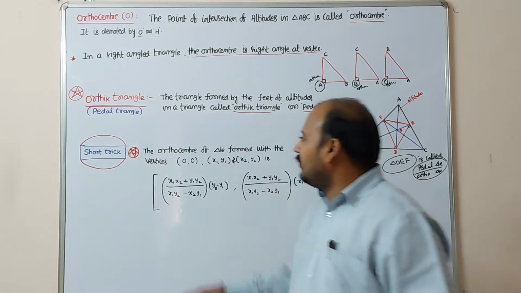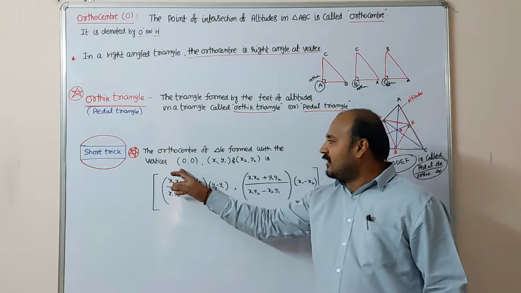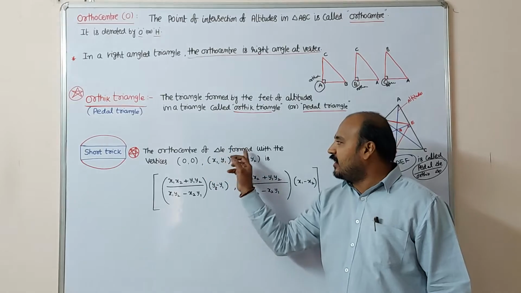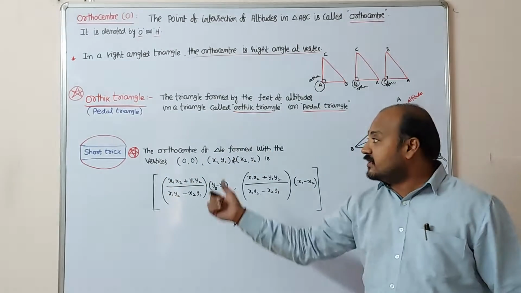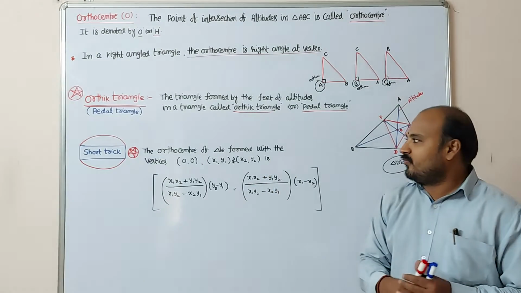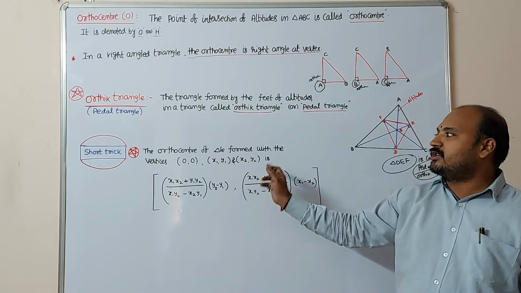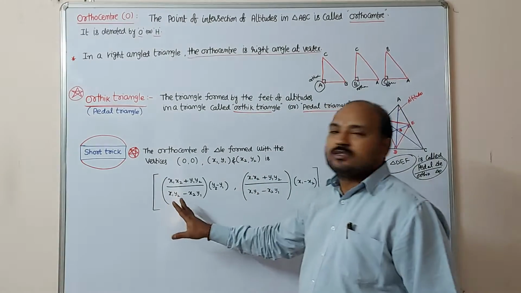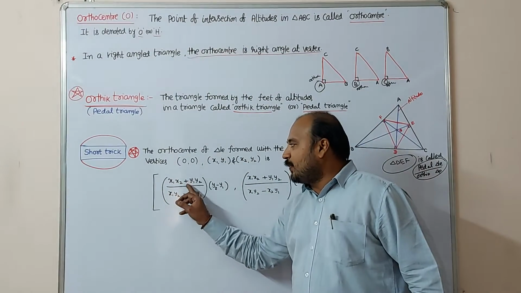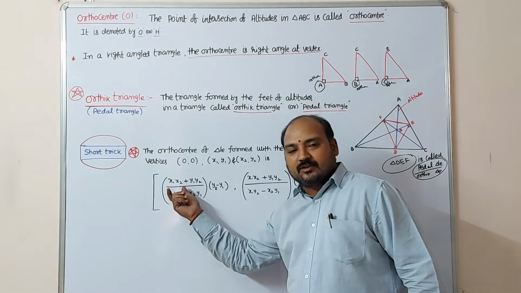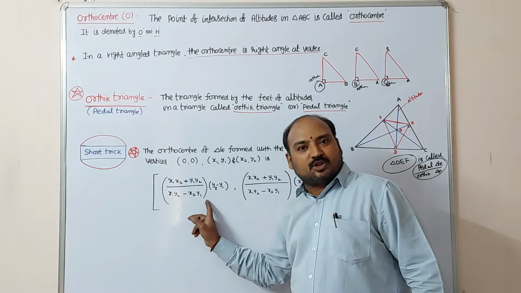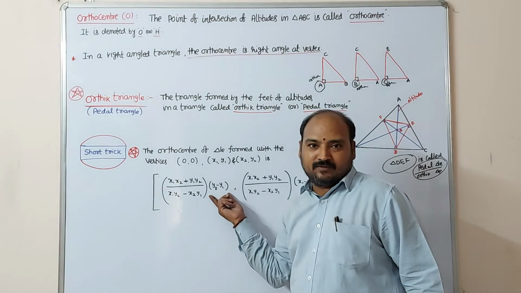Now, the shortcut formula. When the vertices are given like this, that means one of the vertices is the origin. The orthocenter of the triangle formed by the vertices (0, 0), (x1, y1), (x2, y2) is: the x coordinate is (x1x2 + y1y2) divided by (x1y2 - x2y1), into (y2 - y1).